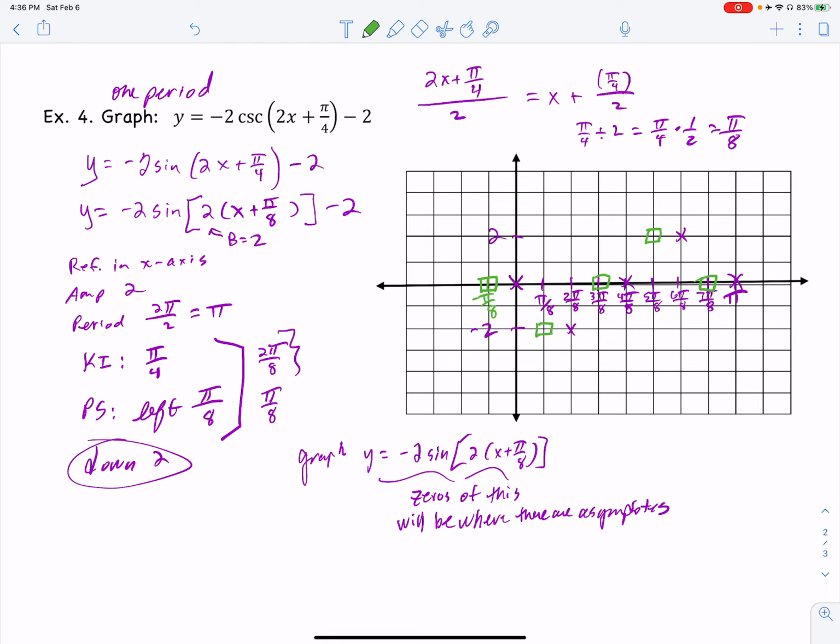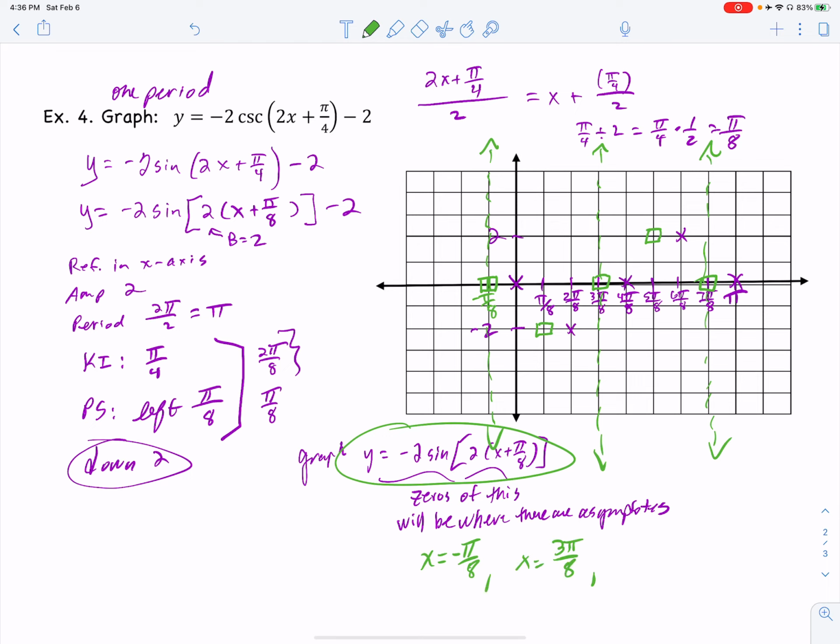And that would be my sine graph with my phase shift and the reflection and the vertical stretch. And where I have zeros of those, I have vertical asymptotes. So I have a vertical asymptote right here, a vertical asymptote here, and a vertical asymptote right here. So my asymptotes are going to be x equals negative pi eighths, x equals 3 pi eighths, and x equals 7 pi eighths for one period.